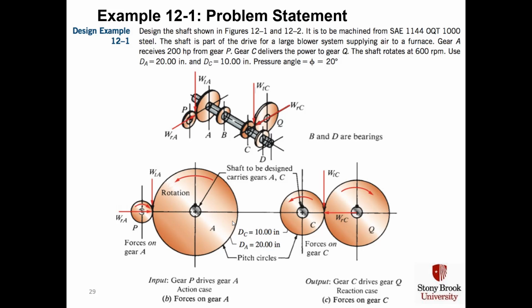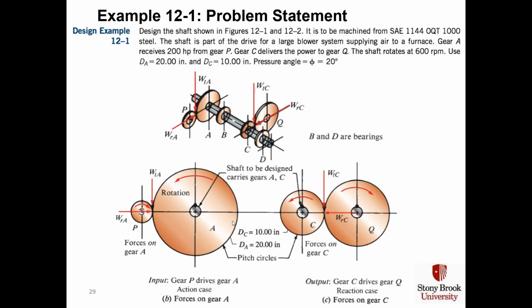What happens is that gear Q is rotating clockwise. Gear C is going counterclockwise. Gear Q is applying a tangential load on gear C, where the tangential load is going up.